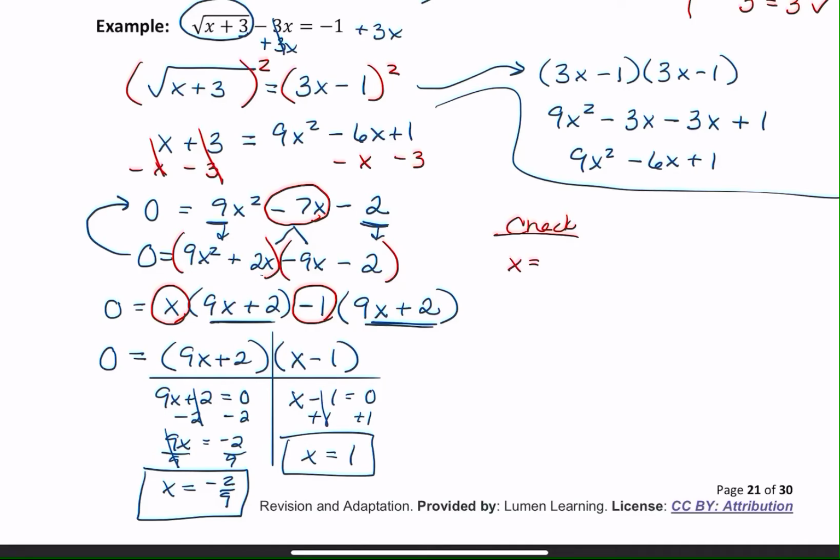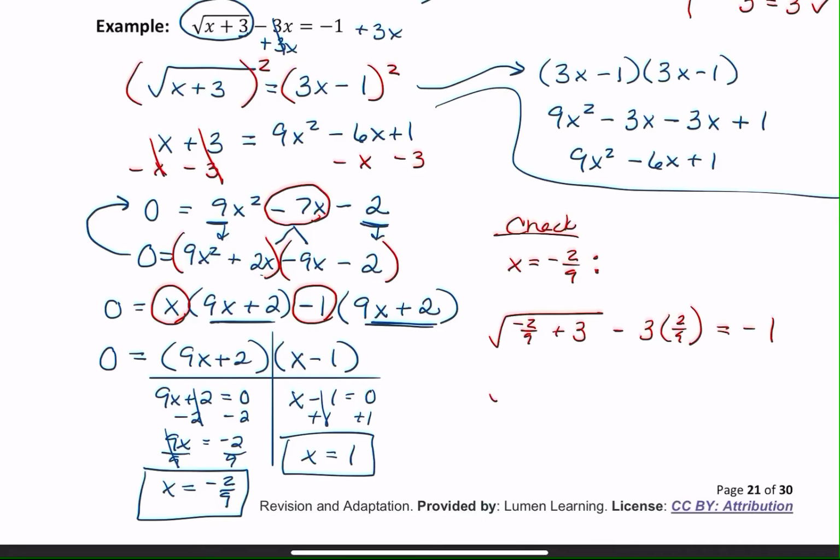If you check the other one, x equals negative 2/9, you're going to have the square root of negative 2/9 plus 3 minus 3 times negative 2/9 equals negative 1. This one's a little uglier because it's a fraction.